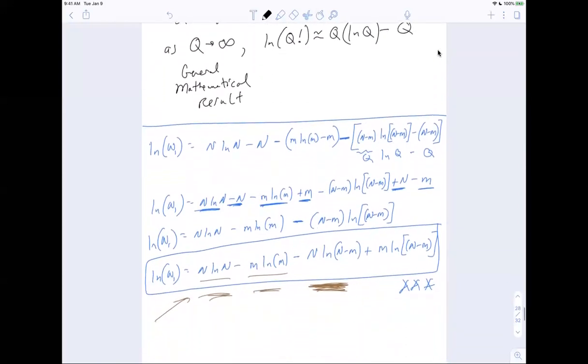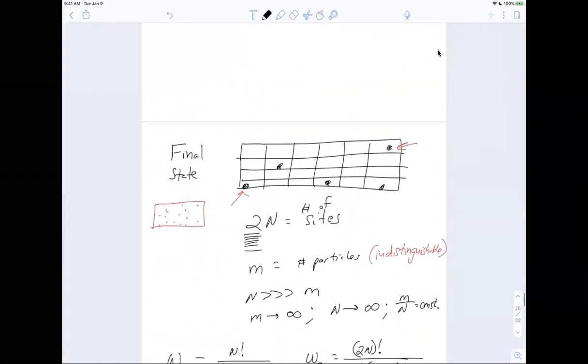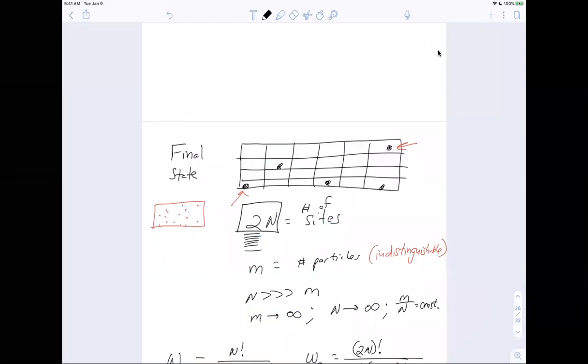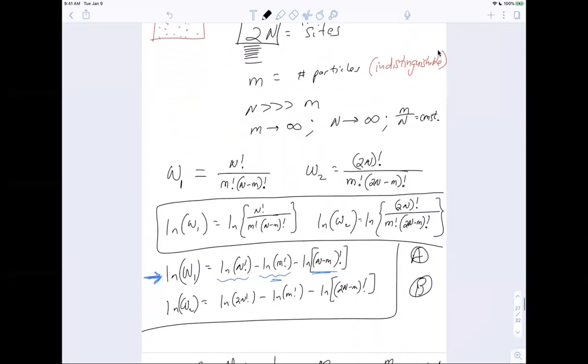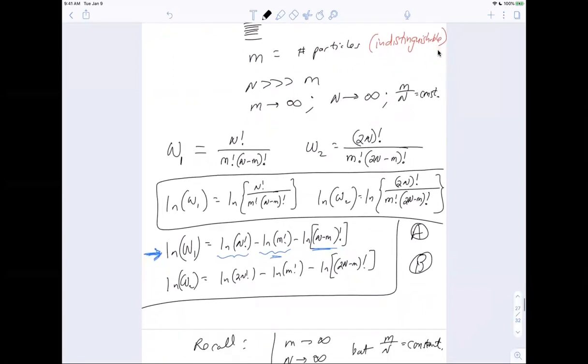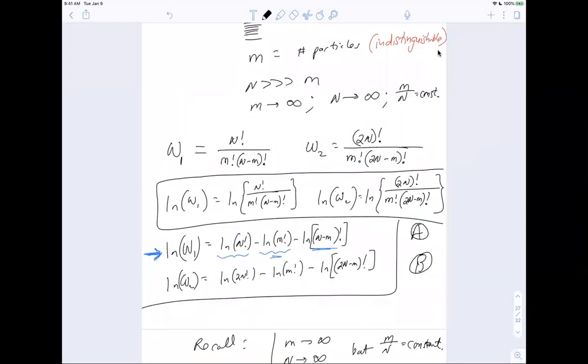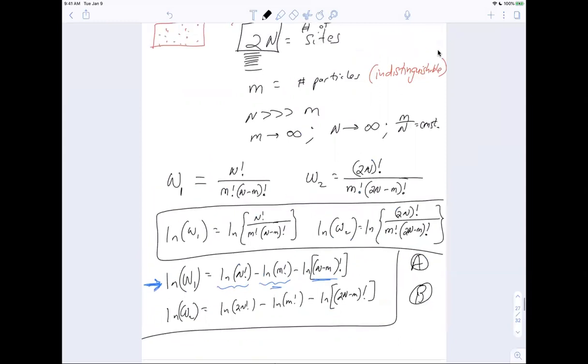So we did this, and then we went to our second equilibrium state, which is this case where we have twice as many particle sites, and that's again a proxy for twice the volume. And we have similar constraints. And then we were interested in finding the number of ways. And it's very important to keep in mind that this is an isolated system again. The Joule-free expansion was isolated, and the particles are indistinguishable.